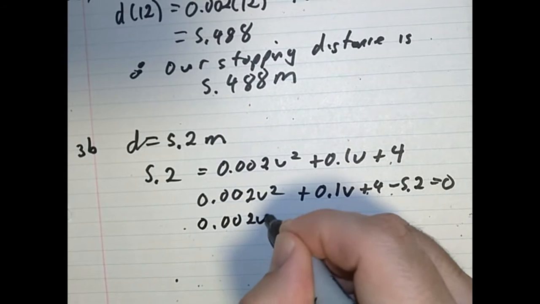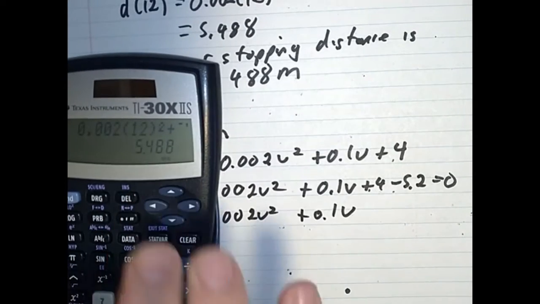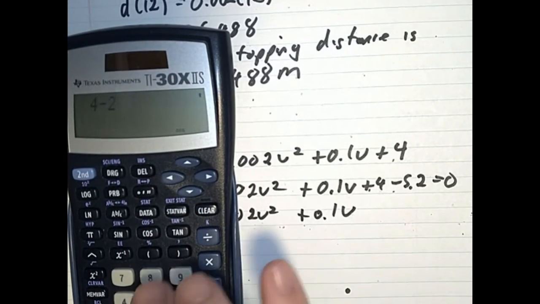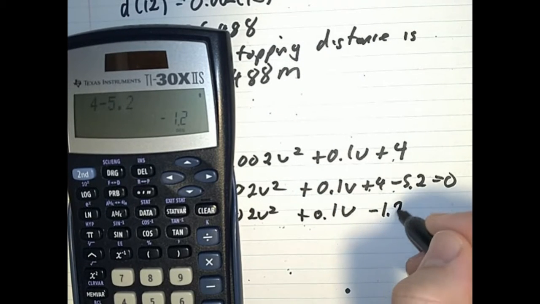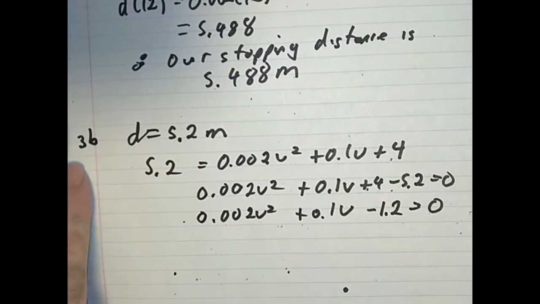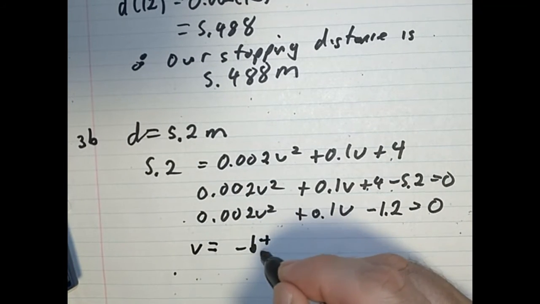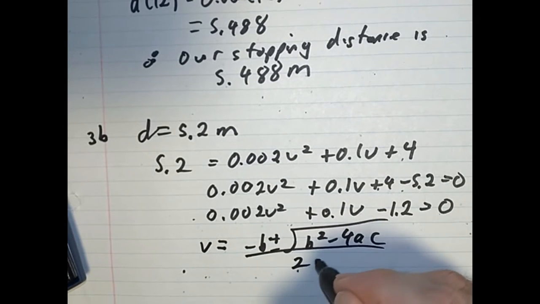0.002 v squared plus 0.1 v plus 4 minus 5.2, which is negative 1.2, equals 0. So then we're going to use v equals negative b plus or minus the square root of b squared minus 4ac, all over 2a.